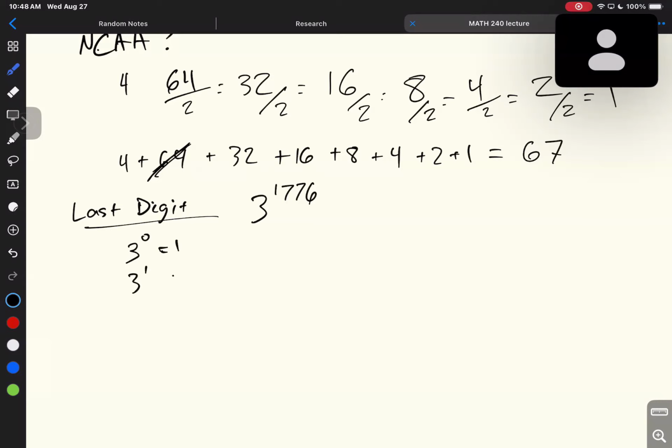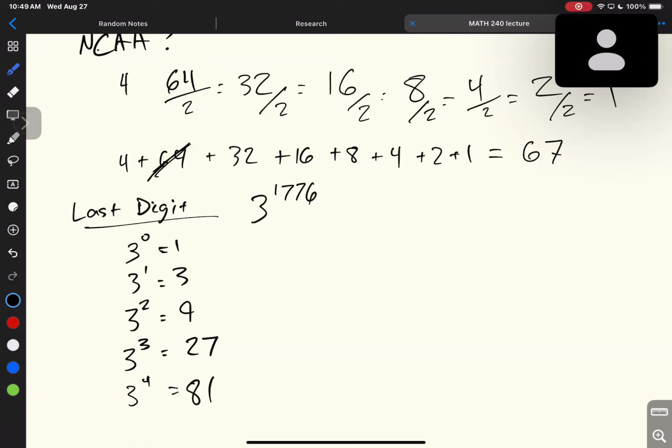3 to the 1, well, that's easy. That's 3. 3 squared is 9. 3 cubed is 27. 3 to the 4th is 81.